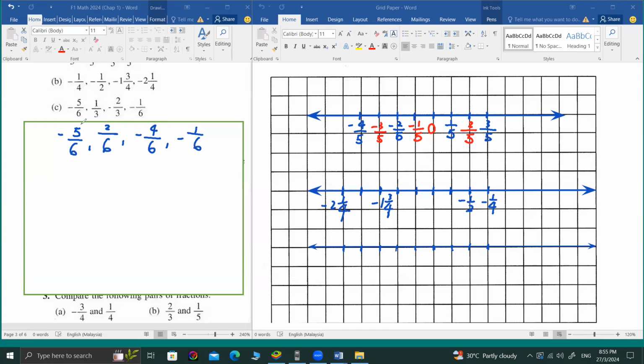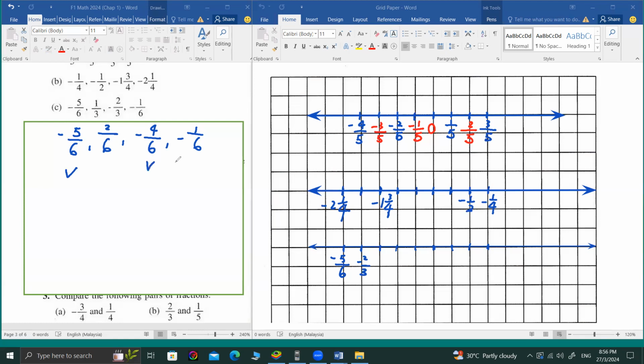So now we get the smallest one: negative 5 per 6. Negative 5, can you see? After that, negative 4. Negative 4, the actual value is negative 2 per 3. Negative 5 done.